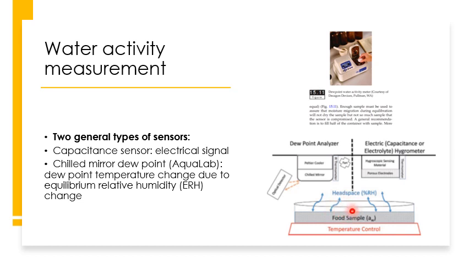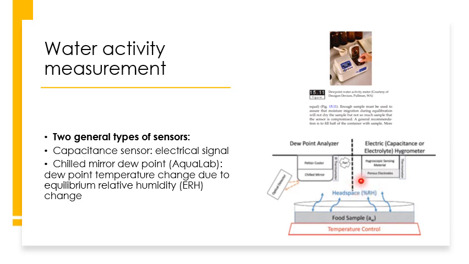The temperature of the sample is used to determine the water vapor pressure, which is P0, the pure water vapor pressure, and the dew point temperature is used to determine the vapor pressure of water in the headspace. Then you can calculate the water activity of the sample by applying the equation where water activity equals the vapor pressure of water in the headspace divided by the vapor pressure of pure water.